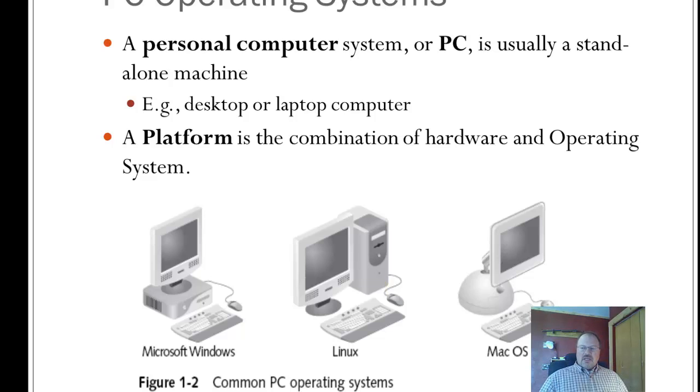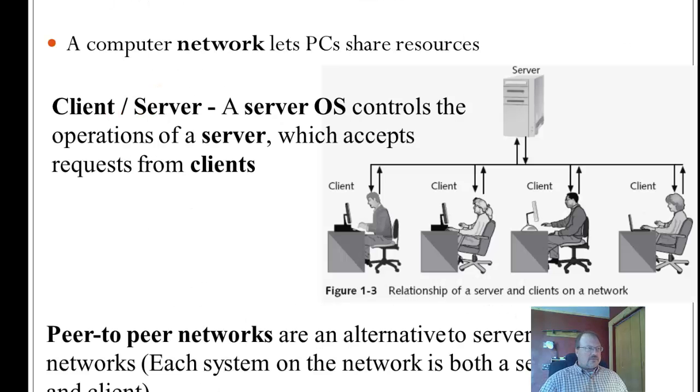Is it an Apple computer? Is it like an IBM or like a mainframe computer that may be produced by IBM and running a Linux environment or an IBM OS? So that's what a platform is, the combination of hardware and software.